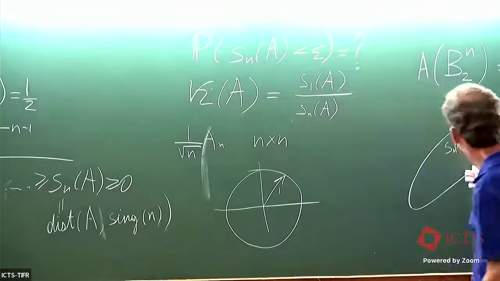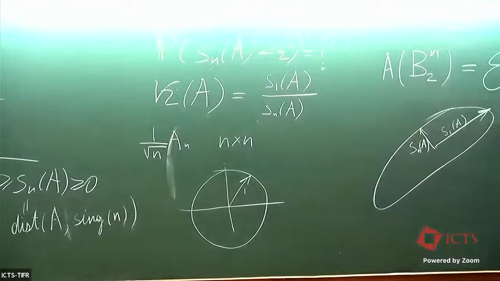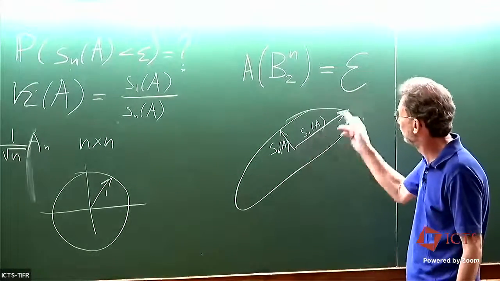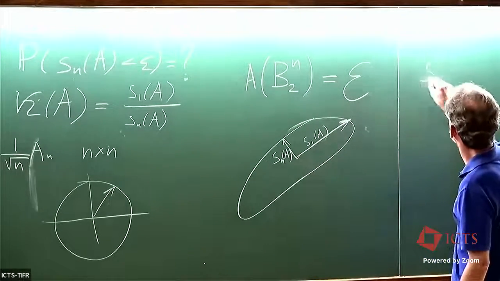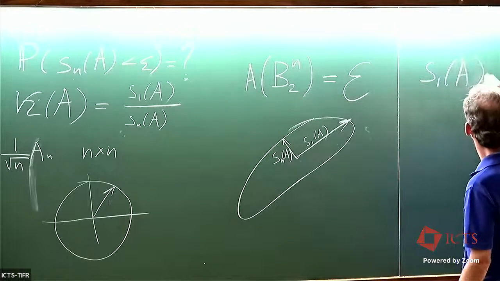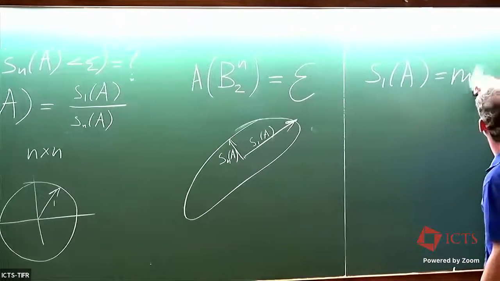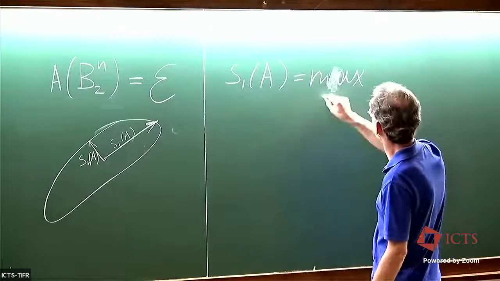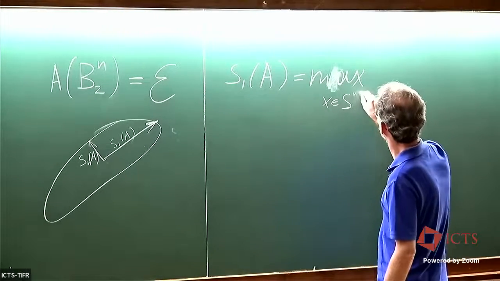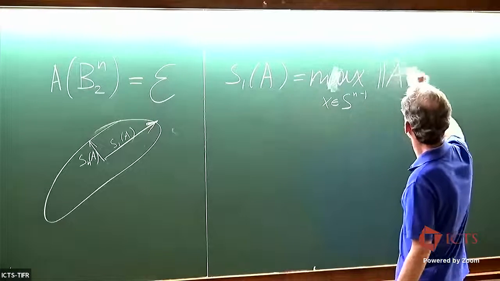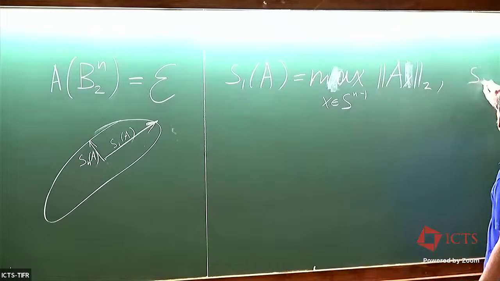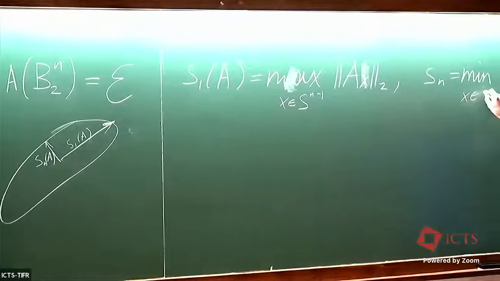Well, let's take this picture and try to use it. This is the Euclidean metric. So s_1 of A is the maximum over the unit sphere of the Euclidean norm of Ax, and s_n is the minimum of the same thing.